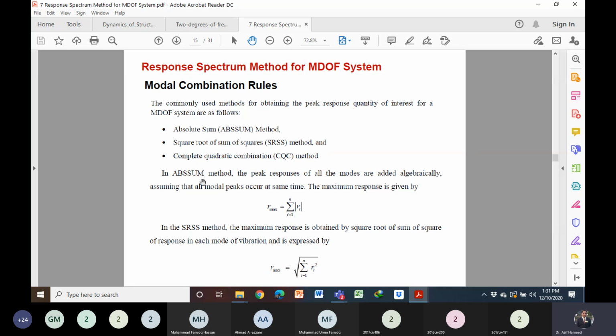In the square root of sum of squares method, you will take the square of the response in each mode of vibration, add them, and then take the square root. So this will be the total response by using this combination rule.